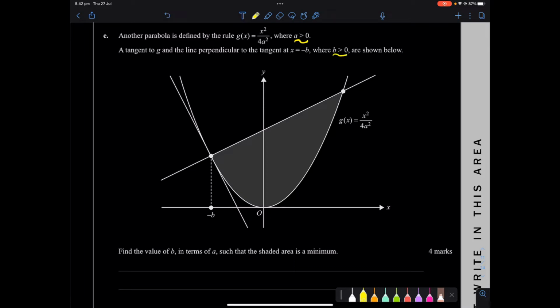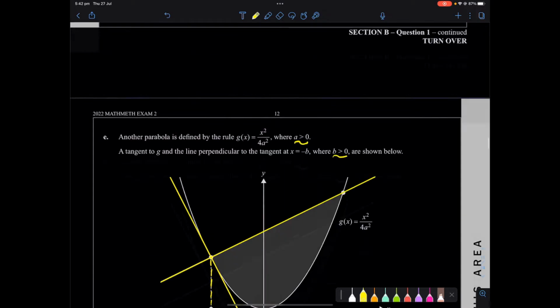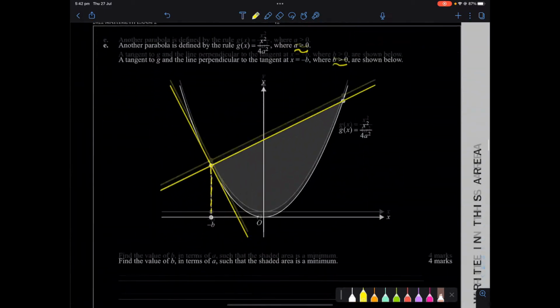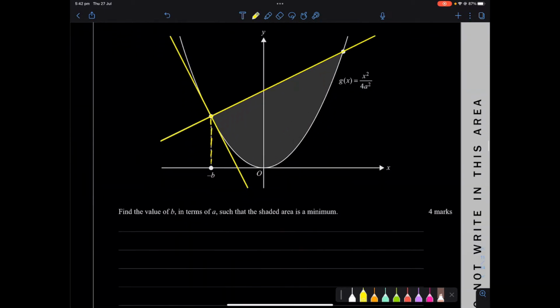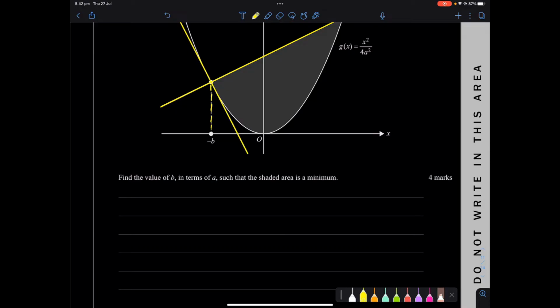So we have the graph of g of x, and we have a tangent at this point, negative b, and there is a normal line also that passes. So it's the same case as this, but we don't know the value of a. So what can we do here? It says find the value of b in terms of a such that the shaded area is a minimum. And it's 4 marks.